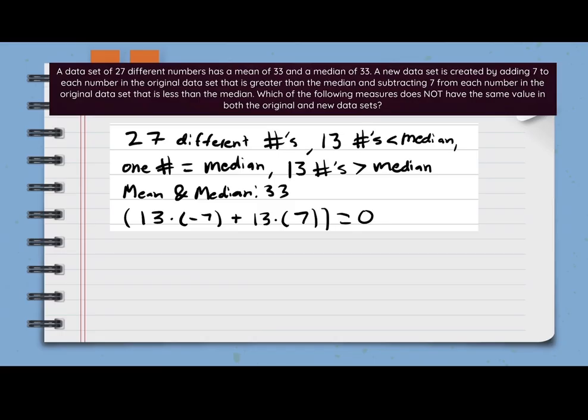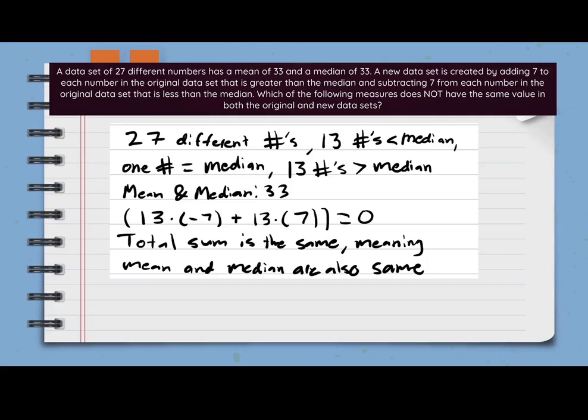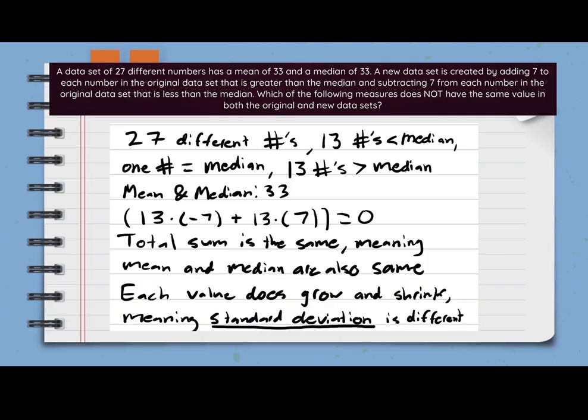So our mean and median will also just stay the same, but the one that won't is the range. That's because our total data set is expanding, meaning our standard deviation will look different, because the smallest number is now 7 units smaller and our biggest number is 7 units bigger, meaning that will change the range and standard deviation.